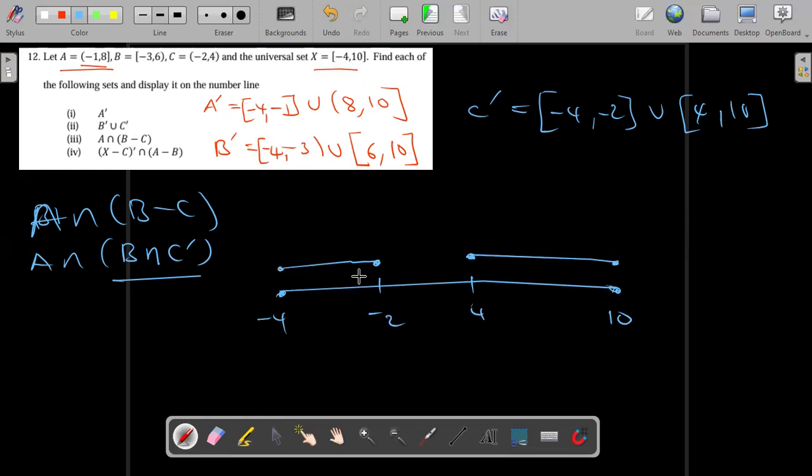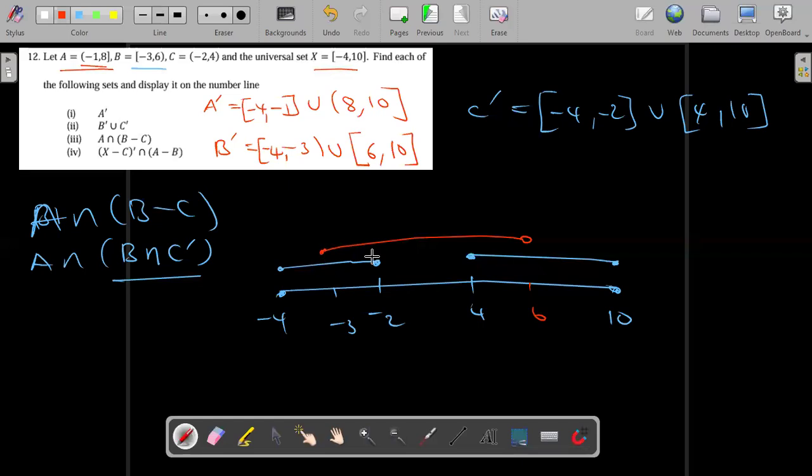So you have this here. Now what's your B? My B is given in the question, which is this here. So my B is from negative 3. Let's say negative 3 is here. I write it in red, negative 3, and it's closed at negative 3. It goes up to 6. It's going to be open at 6 there. And they're asking, what do these two intersect?